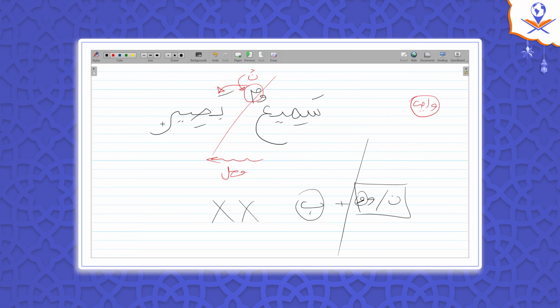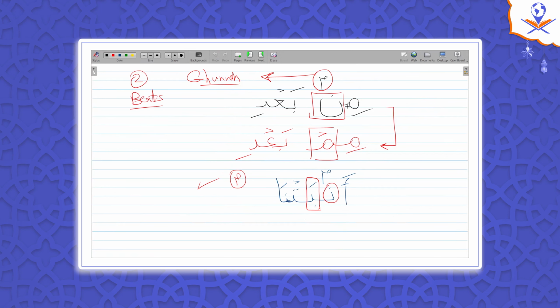No rule applied. This is the same if we have min ba'd and we stop in the middle. In between these two words, if we stop, no iqlab. Why? Because the condition of iqlab says if I have noon sakina and after the noon I have ba, and actually, you didn't give this chance. Why? Because if you stop, now you only applied noon, but there's no ba.